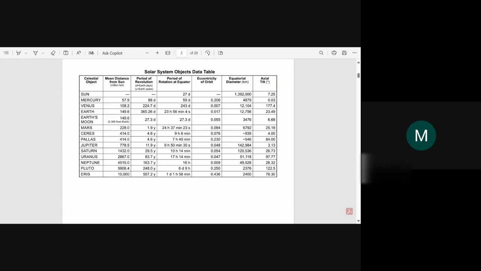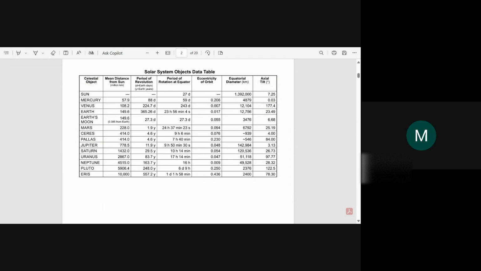They're located in the asteroid belt, so you have to remember that Ceres and Pallas are located within the asteroid belt. Then you have Jupiter, Saturn, Uranus, Neptune. Now, Pluto is considered a dwarf planet now. And then Aries.